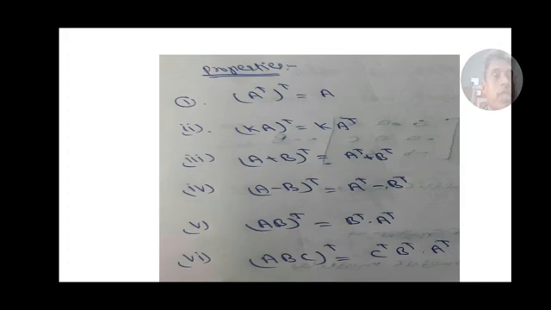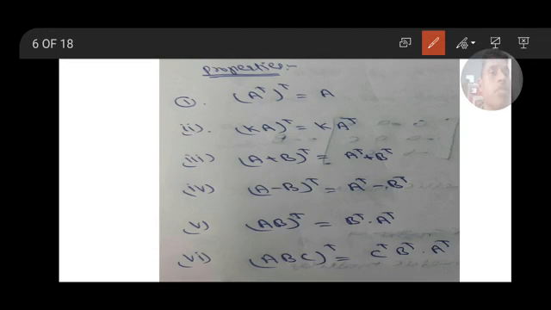Okay, next, properties of A transpose. Transpose of a matrix properties. A transpose, all transpose equal to A. If you transpose a matrix 2 times, then the resultant matrix is the same. Okay, next, K into A, all transpose equal to K into A transpose.